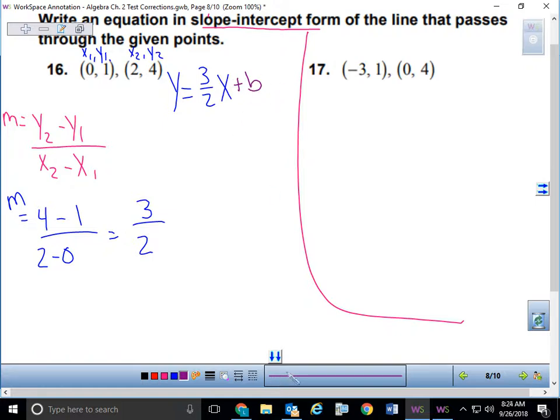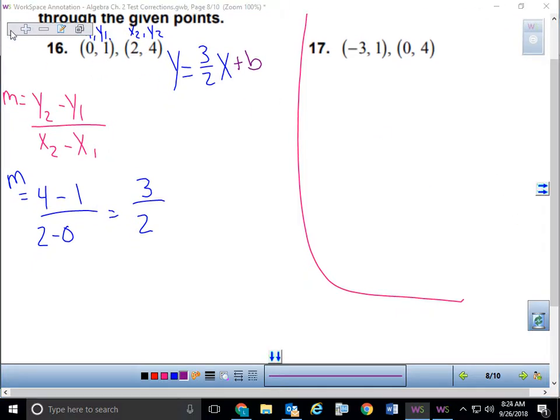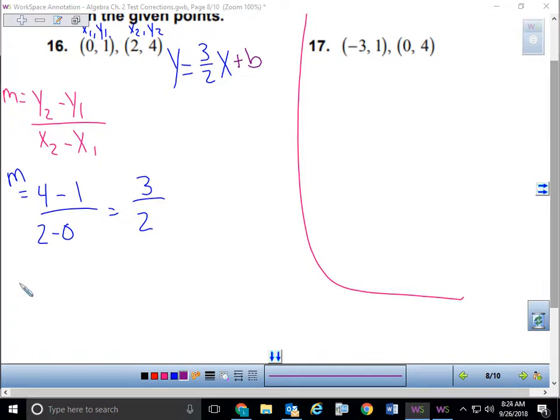So I'm actually going to pick the easiest point. So if there's a point that has 0 in it, I recommend you choose that because it makes your multiplication and addition very, very nice. So I'm going to start by rewriting y equals 3/2 x plus b. I'm going to solve for b. So I'm going to plug in the point 0, 1.